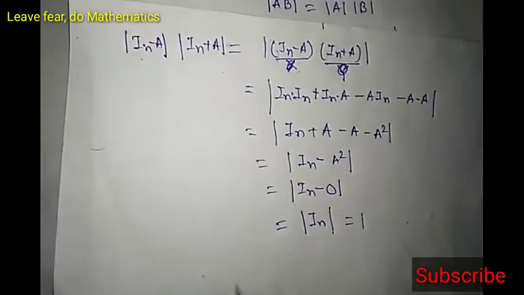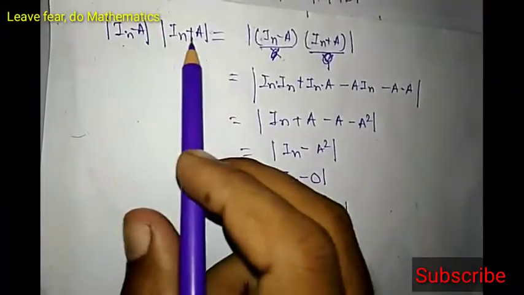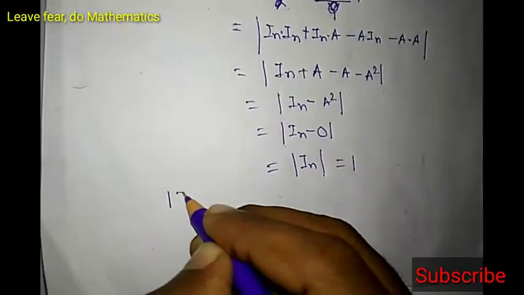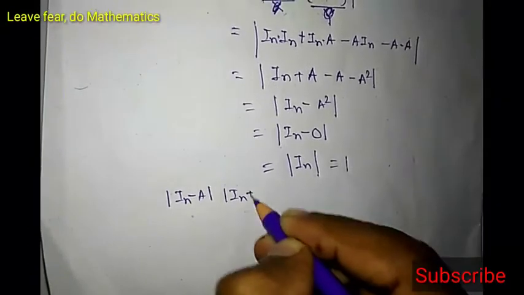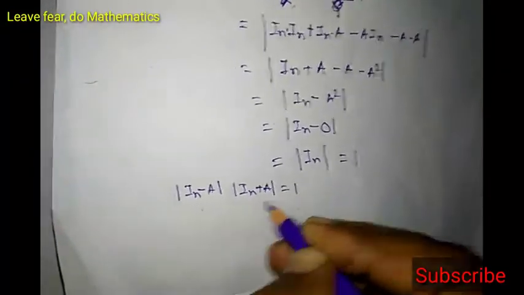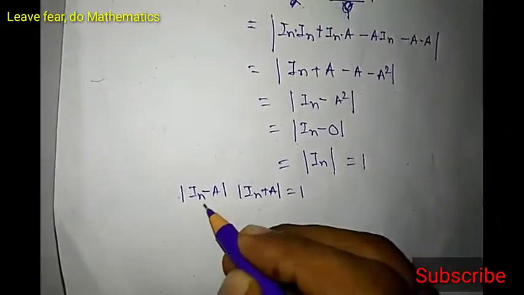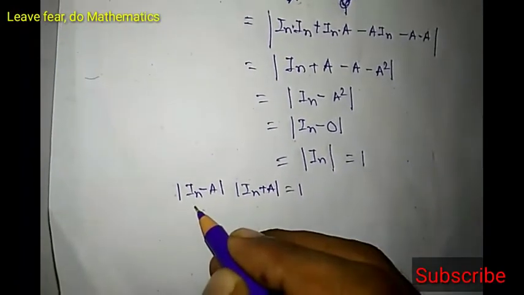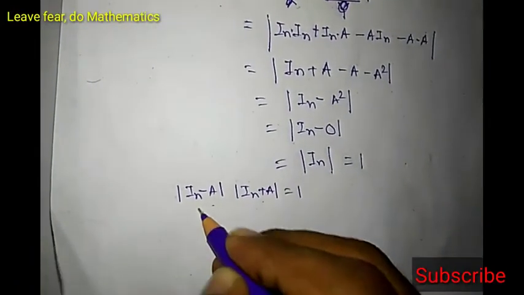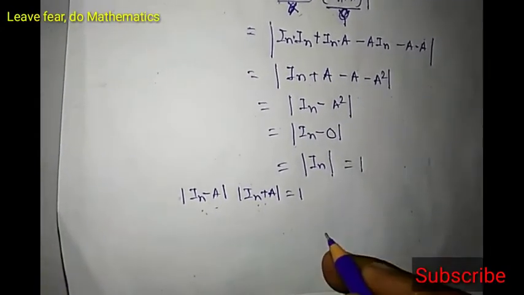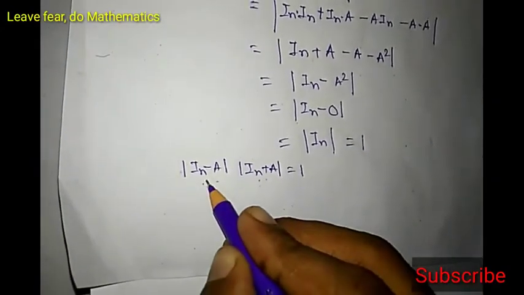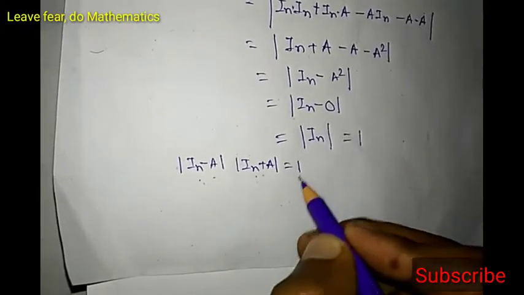So we now have that det of In minus A times det of In plus A equals 1. Det is basically a real number, so this is a real number and this is a real number, and their product is 1. So both of them are non-zero, because if one of them were 0, then their product would be 0.